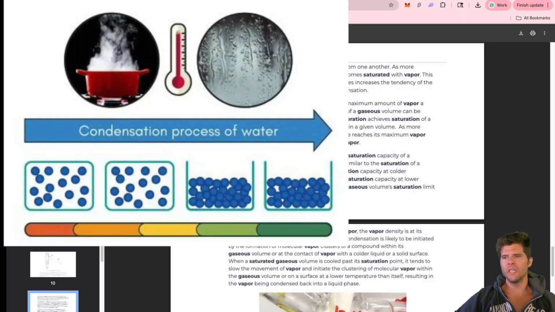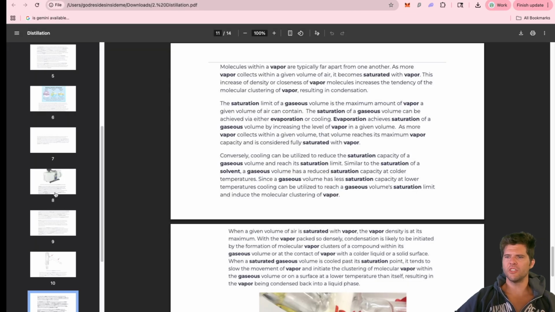Conversely, cooling can be utilized to reduce the saturation capacity of a gaseous volume and reach its saturation limit. Similar to the saturation of a solvent, a gaseous volume has a reduced saturation capacity at colder temperatures. Since a gaseous volume has less saturation capacity at lower temperatures, cooling can be utilized to reach a gaseous volume saturation limit and induce the molecular clustering of vapor and condense that gaseous vapor back into a recoverable liquid.